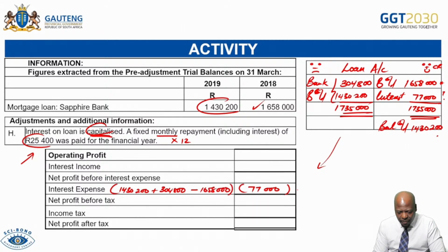It gives you the 77,000. That is another way that you could have shown that in your statement of comprehensive income. But remember, you did that already in grade 11 and grade 10, the ledger account. So it becomes easy for you to be able to draw it up. Can I move on to the next one then? Let's do that.